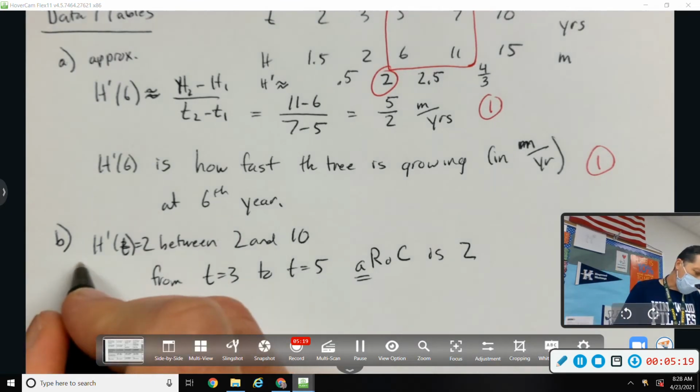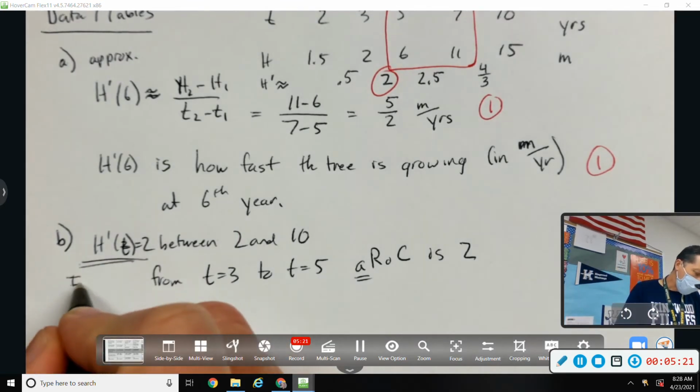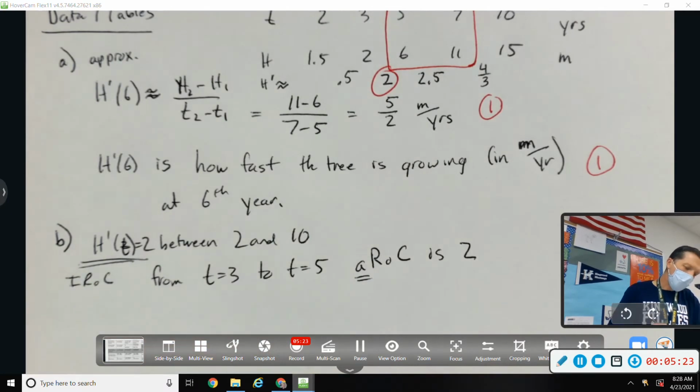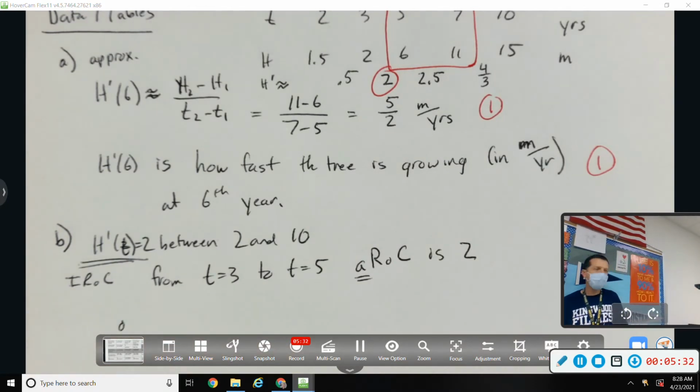But what they were talking about is the instantaneous rate of change. So, hey, what's that thing that says that the instantaneous rate of change equals the average rate of change? What's that thing called? MVT, by the mean value theorem.